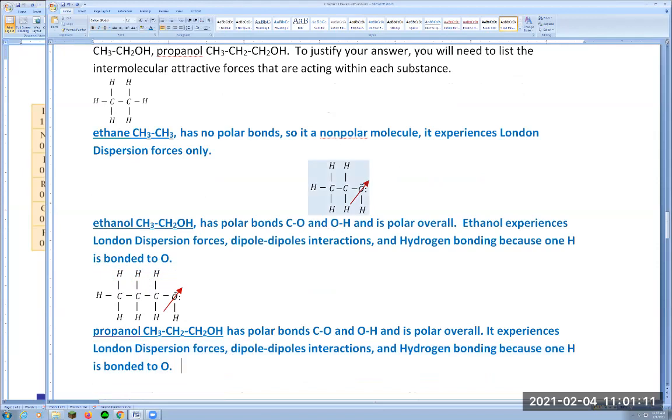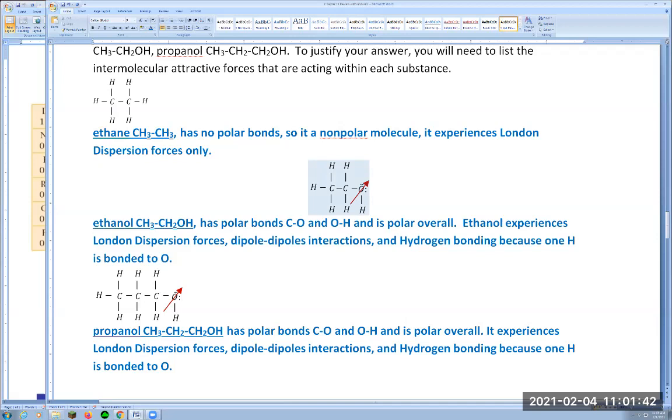But there is a difference between these two, right? It's the size of the molecule. And that's important when you are comparing molecules that are the same otherwise. They experience the same forces, and so the only difference is in the size of the molecule. And that will play out in the London dispersion forces. The London dispersion forces depend on the size of the molecule because it's all about the electron cloud.